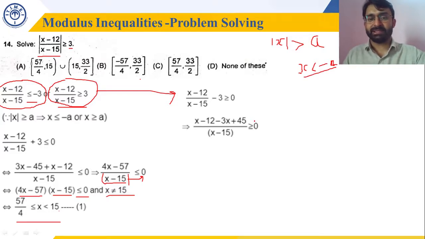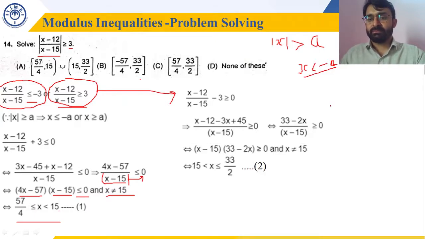x minus 12 minus 3x plus 45. Simplify it. You'll get (33 minus 2x) divided by (x minus 15). Am I right? Take minus common, so that will be 33 minus 2x, and x is not equal to 15. If we take minus common, that will be the less than sign.